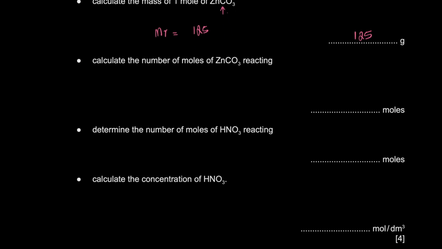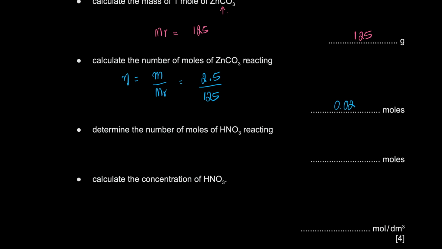Calculate the number of moles of zinc carbonate that reacted. So zinc carbonate was how many grams? It was 2.5 grams, so we'll use the mass over Mr equation because we have the mass. 2.5 divided by 125 is going to come out to 0.02 moles.